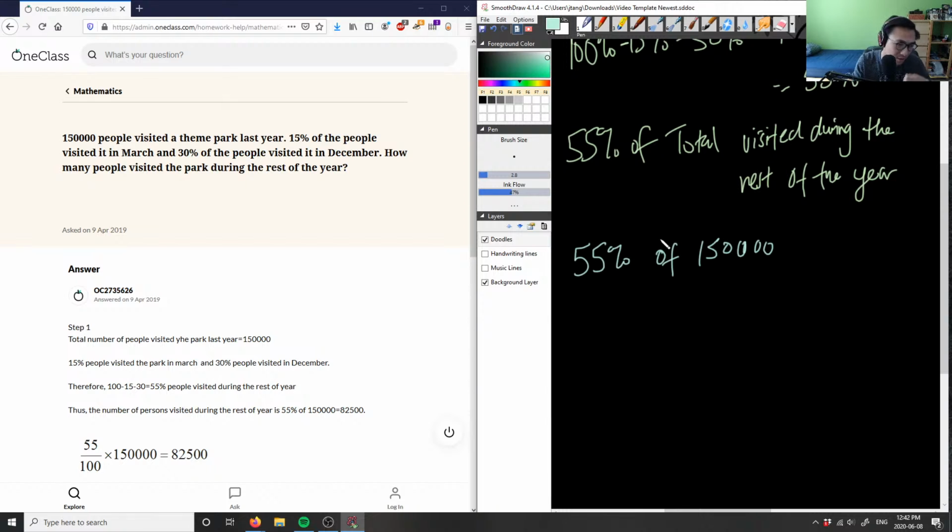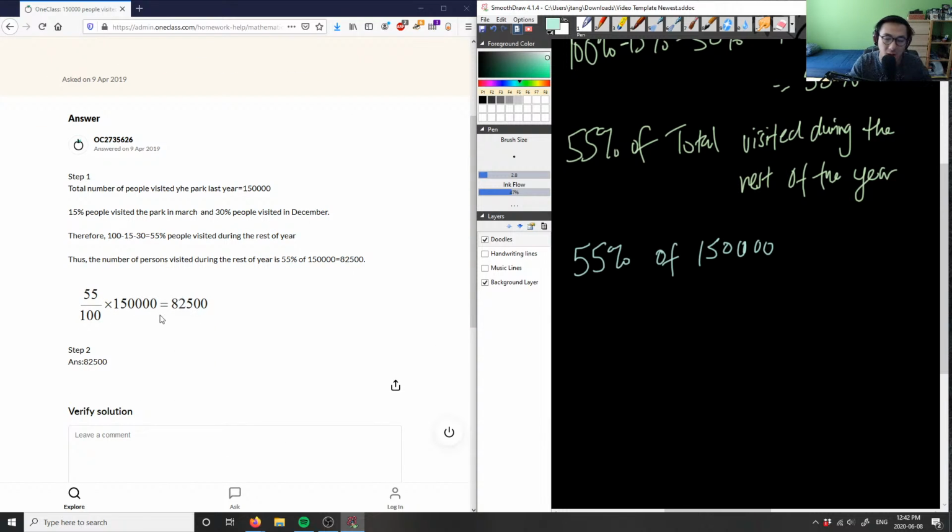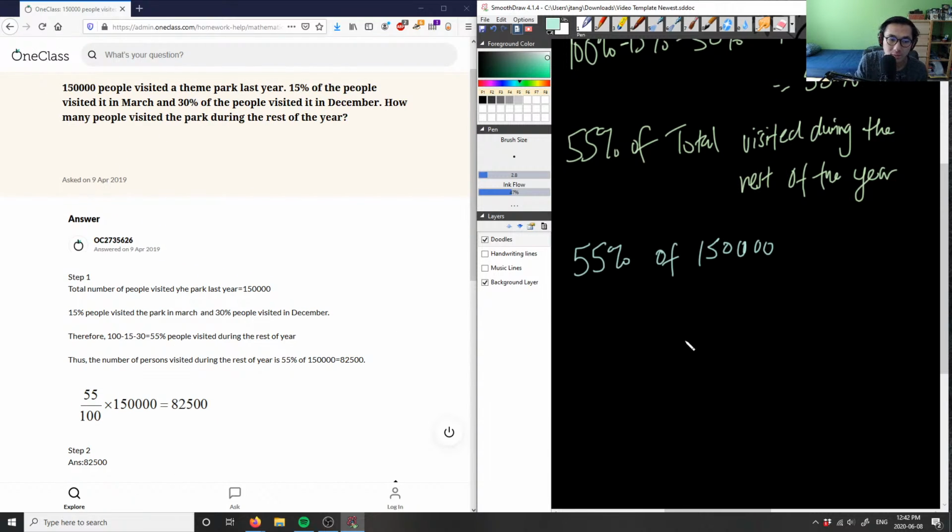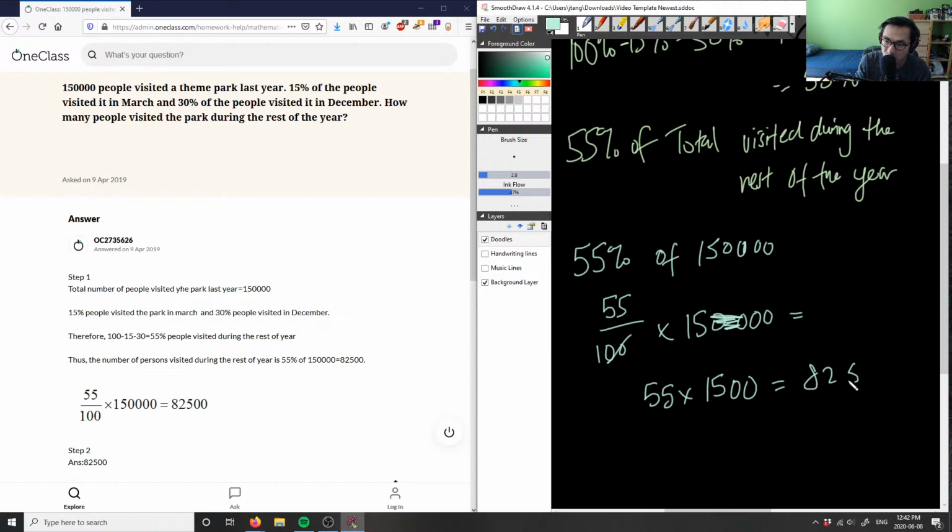In this case, I'll use a fraction because, as you can see in big numbers here, they actually used a fraction as well. They're changing the percent into a fraction, so it's 55 divided by 100 times 150,000. As you can see, these 2 zeros cancel out, which means these 2 zeros cancel out here. So I'm left with simply 55 times 1500. And this is going to give me a value of 82,500 people.